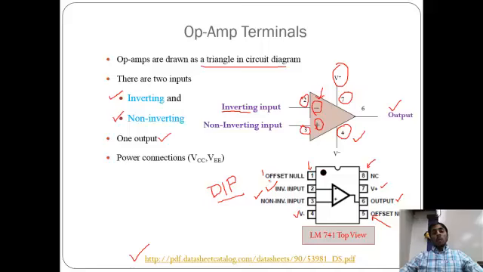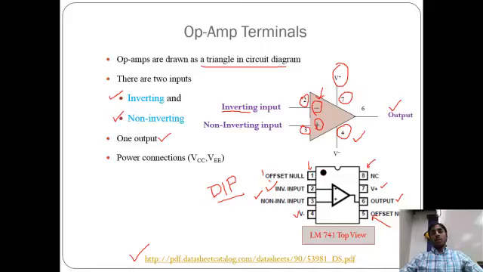So no matter what, no electric circuit is going to be ideal in nature. So how can we make sure the output is as close as possible to an ideal output voltage? That's what we are looking at. So we might use pin number 1 and 5 in order to make the output voltage as close as possible to the ideal point.